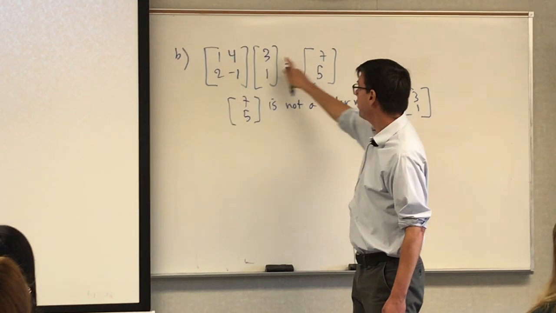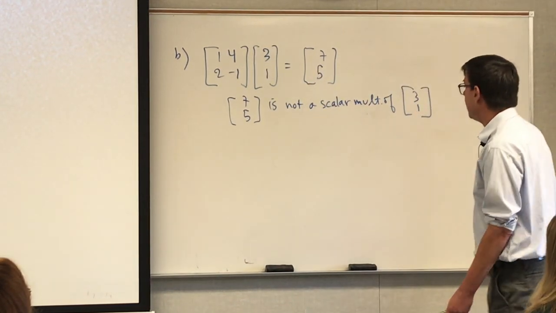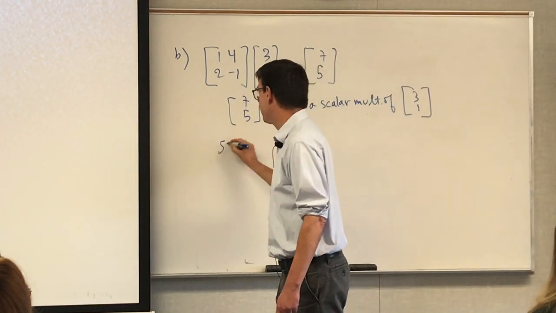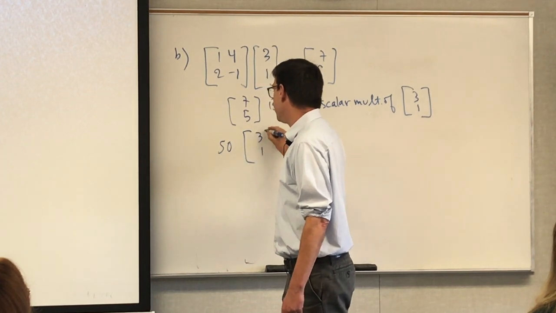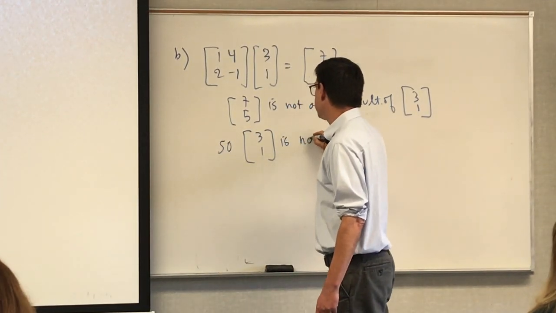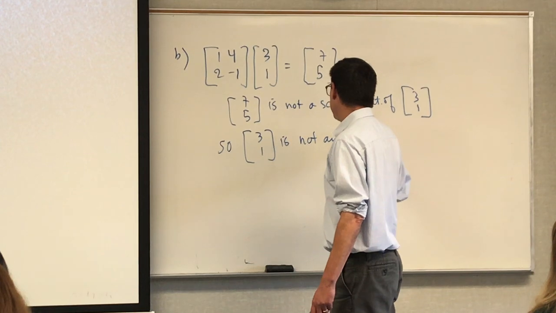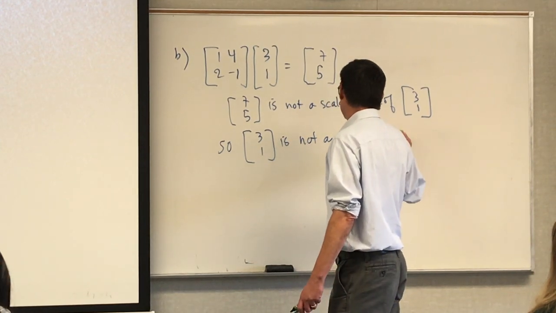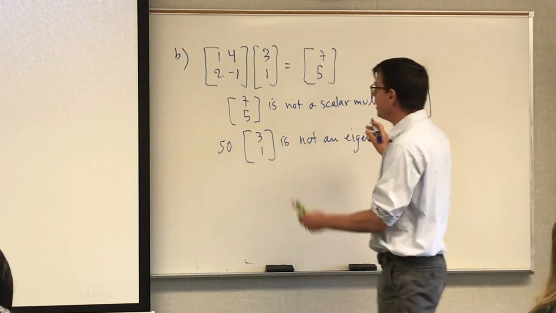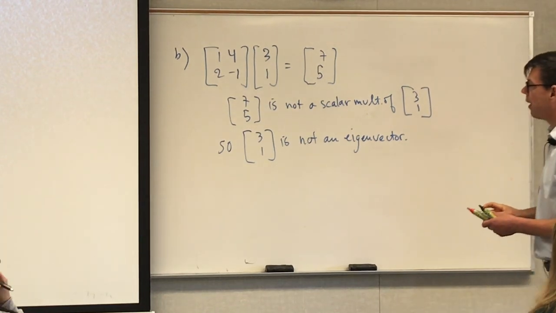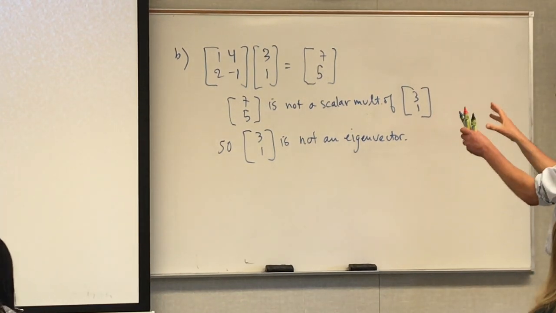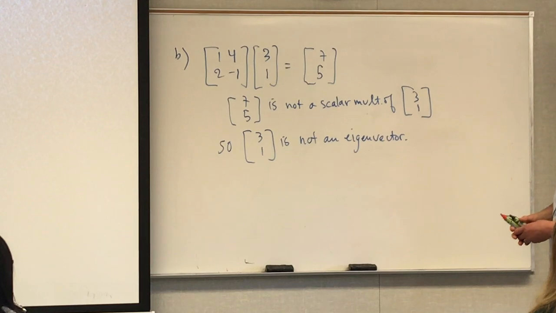But if I multiply 3 by 5, I get 15 and not 7. So (3, 1) is not an eigenvector. So the linear transformation involved here is doing something different other than just scaling the vector (3, 1) when it gets applied.